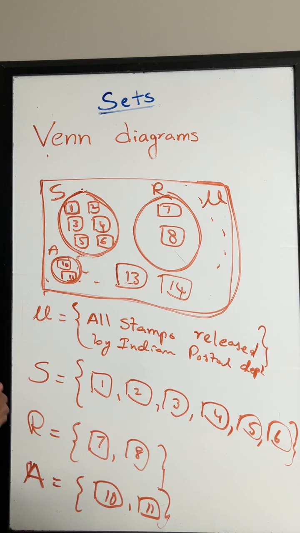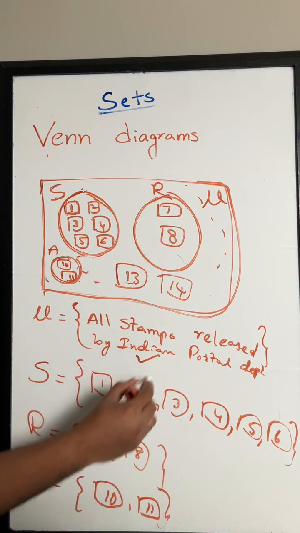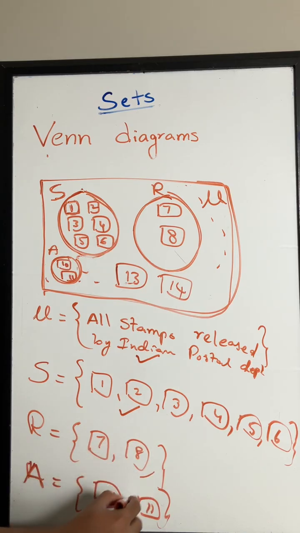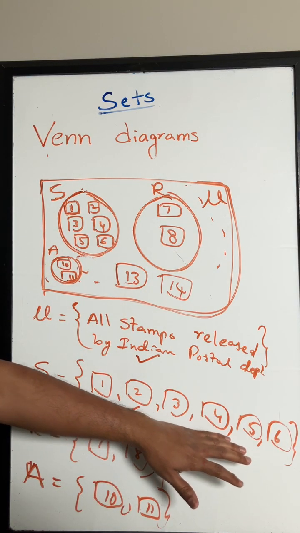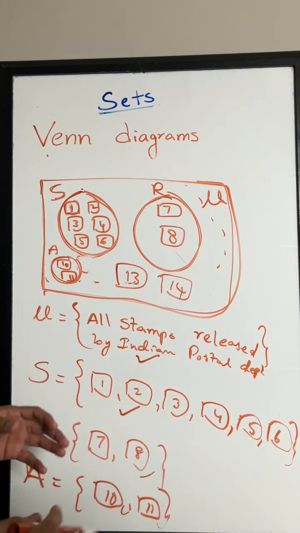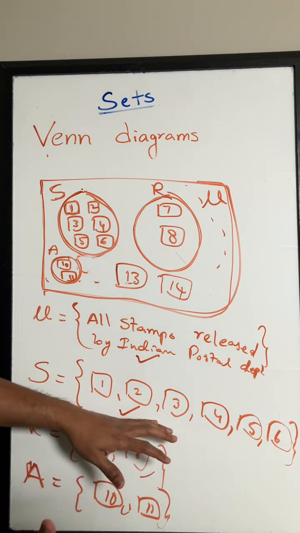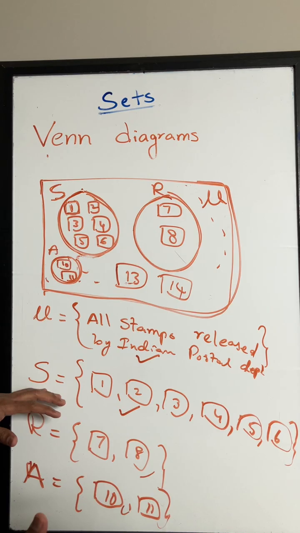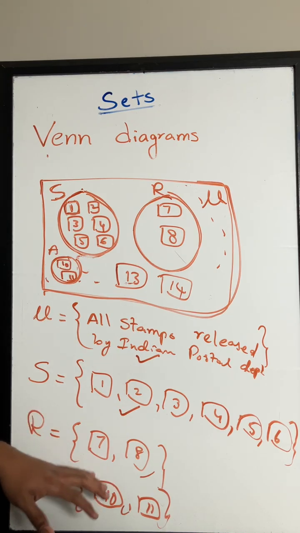So why do we use diagrams? Look at this one: mu, S, R, A. This is set builder form, this is roster form. When your eye sees this big listed form, 1 2 3 4 5 6, your brain will take some time to process what kind of stamps S is holding and what kind of stamps Ranga is holding.